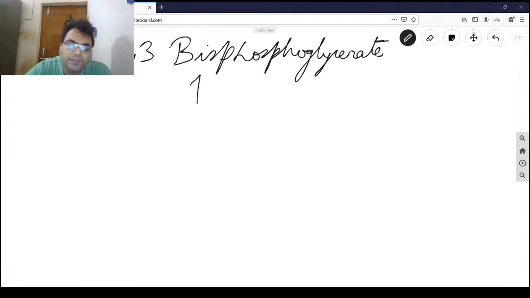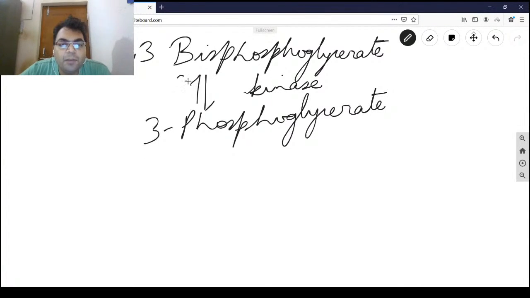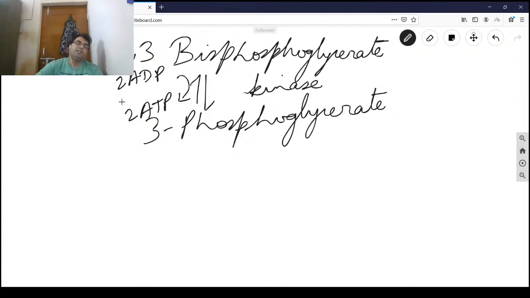So 1,3-bisphosphoglycerate will become 3-phosphoglycerate. The enzyme here is kinase. I can call it phosphoglycerate kinase, or simply for you I'll call it kinase only. What it is doing, it is making 2 ATP, in reverse. Now it has made up for the 2 ATPs that were used up.